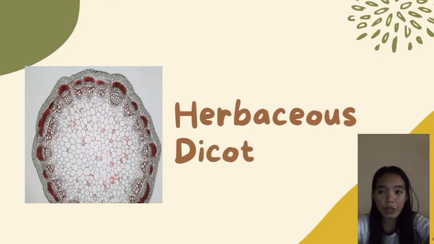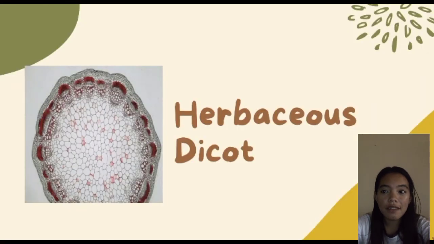What is a herbaceous dicot stem? The vascular bundles of herbaceous dicot stems are arranged in a circle or a ring. In a vascular bundle, both xylem and phloem can be seen. The vascular cambium is located in between the xylem and phloem.